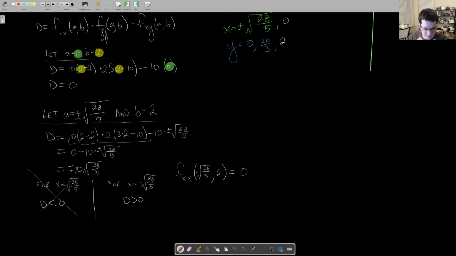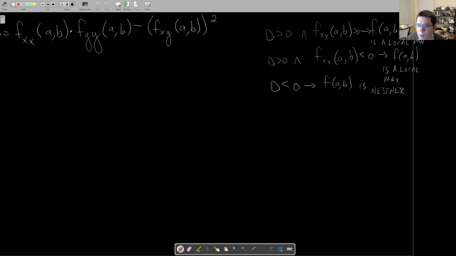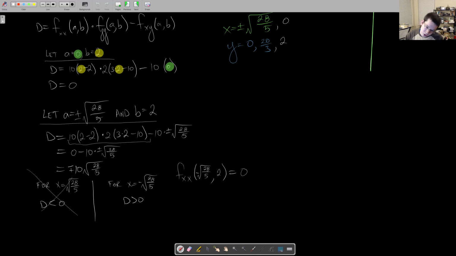Interesting. I would have expected it to be positive. No, well, it can't be positive and negative. It's 0, which is, I guess, the closest thing you can get to positive and negative, so it's a saddle point.